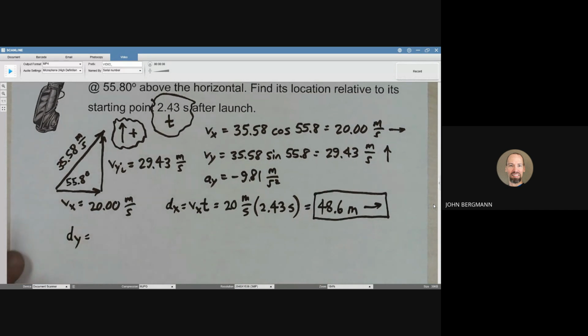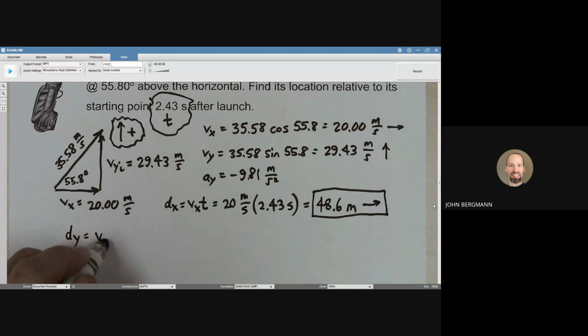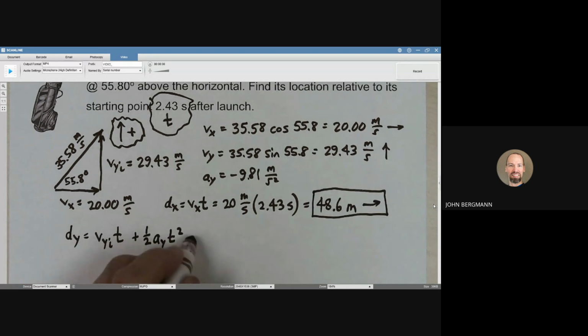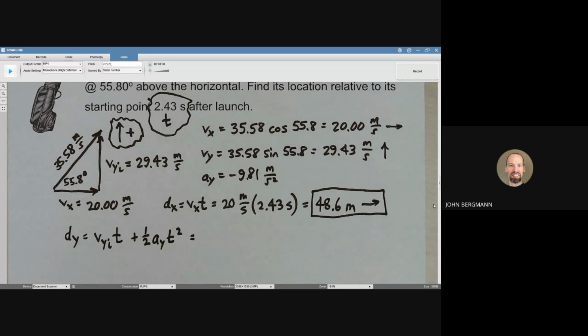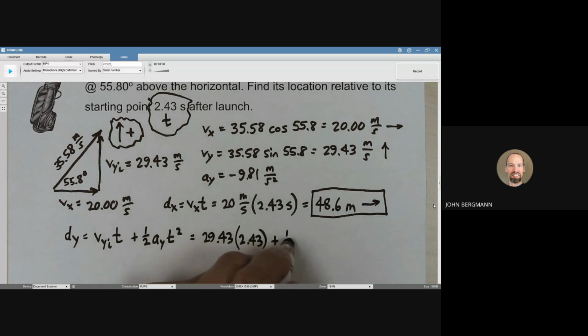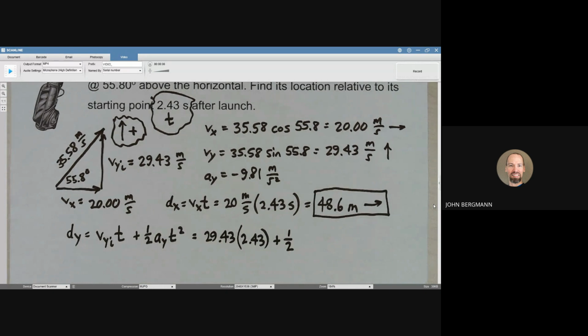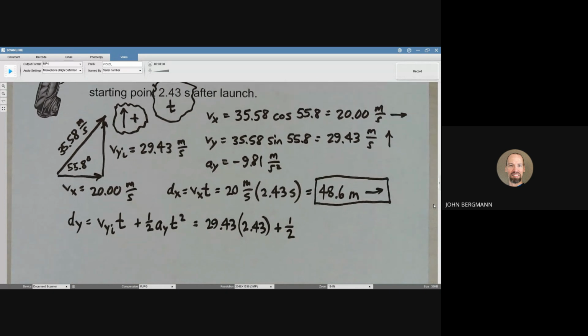dy is equal to, here's the equation again, Vy initial times time plus 1/2 Ay times time squared. Vy initial is positive 29.43. The time is 2.43. All right, here you go. If I had $1 for every time I've seen students mess up this next part, I would not have to teach anymore.